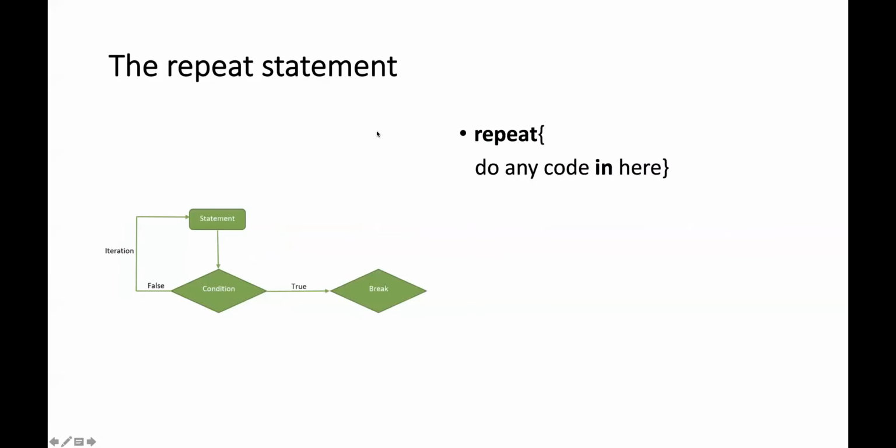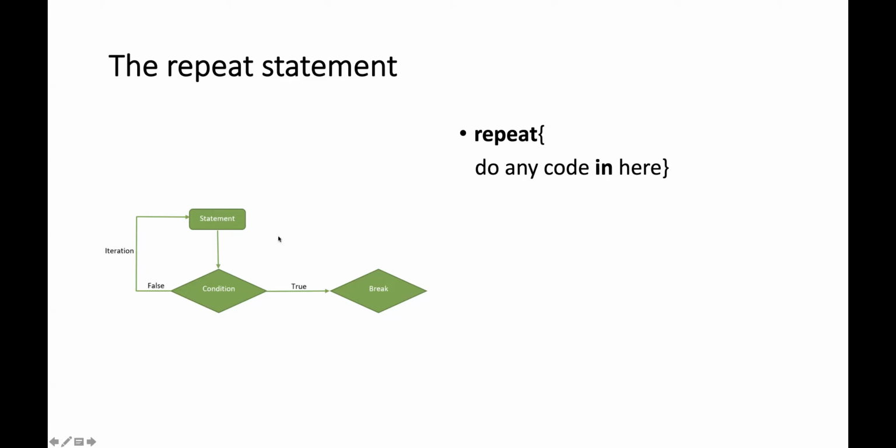So we covered while loops. Now I'm moving to repeat statements. It is kind of similar. It's another way of looping. We are repeating something inside the curly braces, and I have my condition, and it is just iterating.